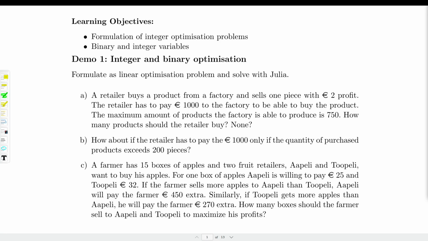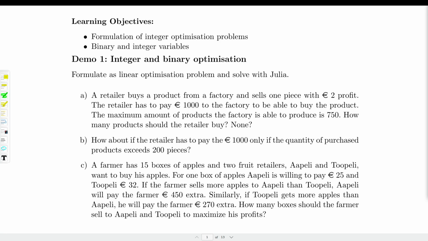Finally, in part C we have to formulate a new optimization problem, which is described as follows. A farmer has 15 boxes of apples and two fruit retailers, Apeli and Topeli, who want to buy his apples. For one box of apples, Apeli is willing to pay €25 and Topeli is willing to pay €32.